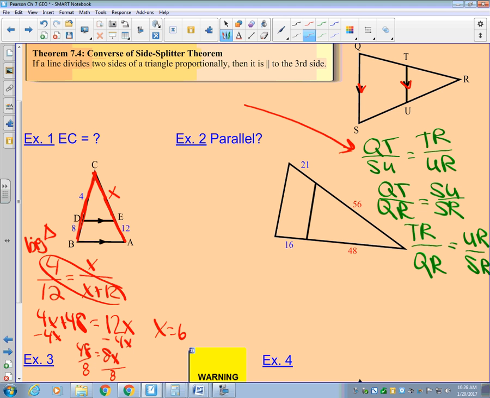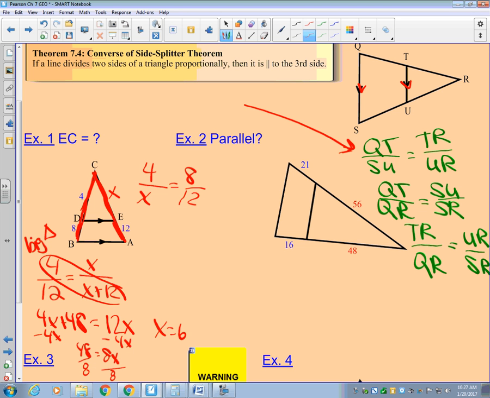We can do this same problem using just the pieces. So I can say that for this little piece here, 4 over x, this other little piece, is equal to 8 over 12. Actually, it looks little, but this is obviously not drawn to scale.